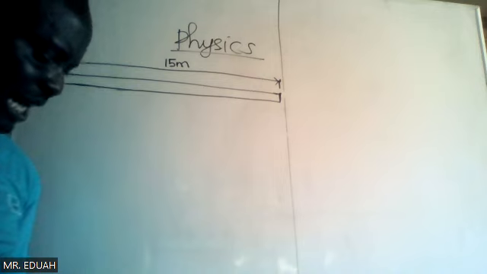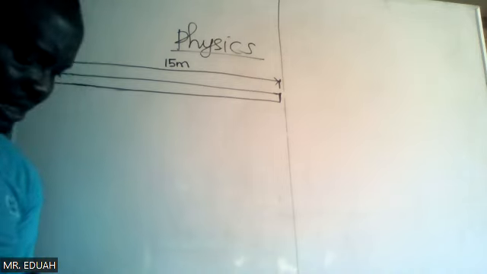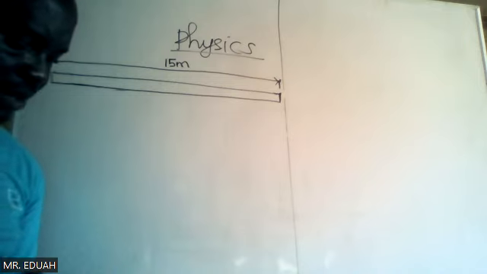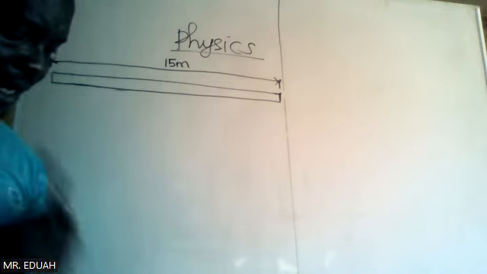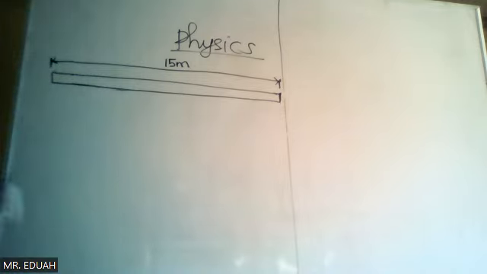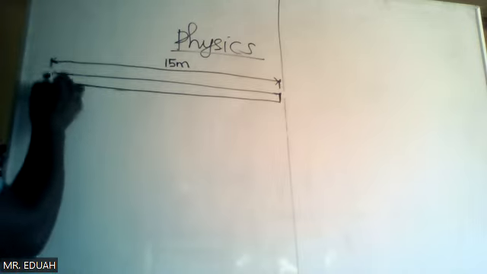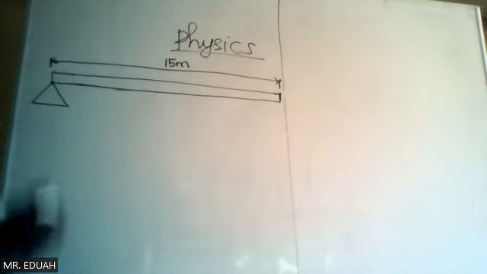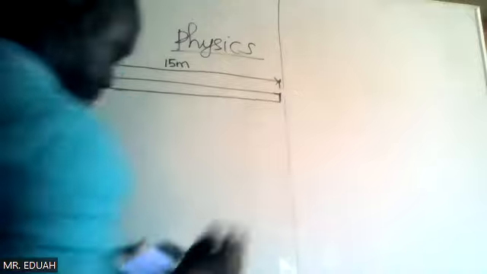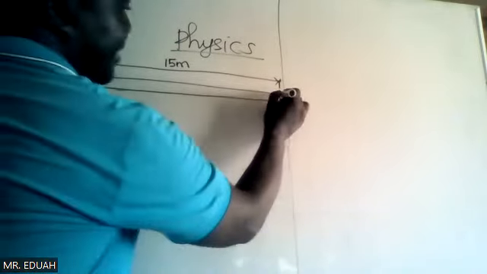Now this is being supported at the left end and 3 meter from the right end. There are pivots at the left end, and then another pivot at 3 meter from the right end. This is the right end.